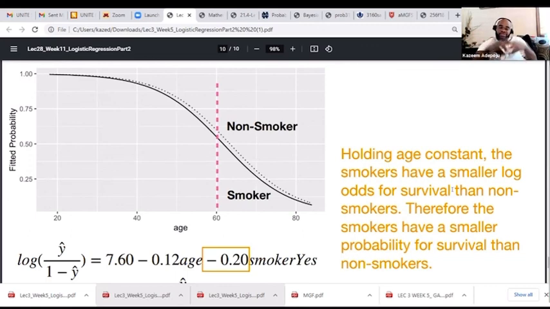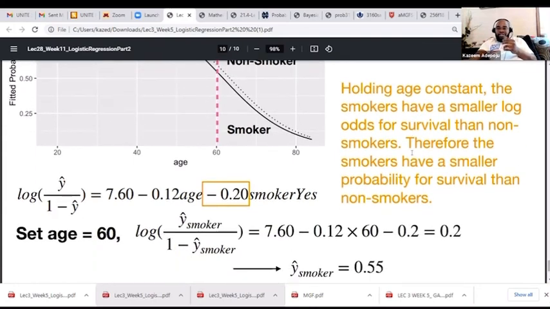Take a look at that. So therefore, what we're trying to say in essence is that the smokers have a smaller probability for survival than non-smokers. That's what we mean. But before we can say that, we have to hold age constant.